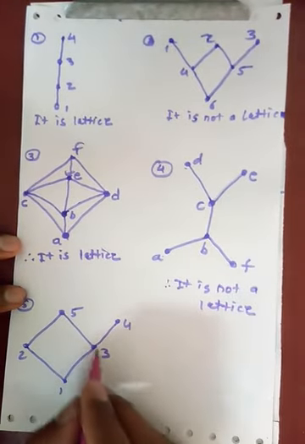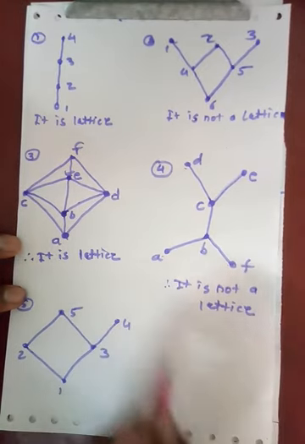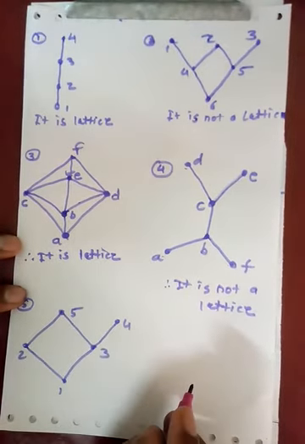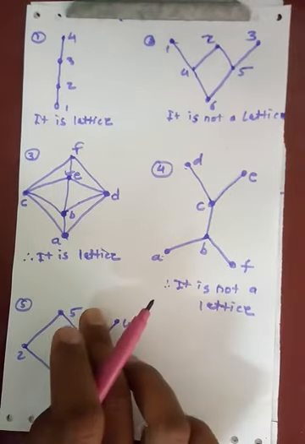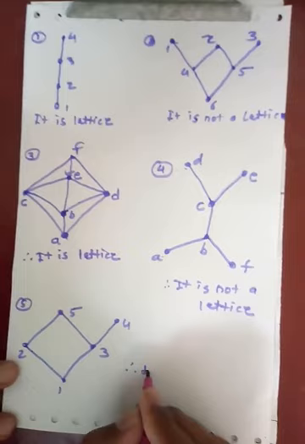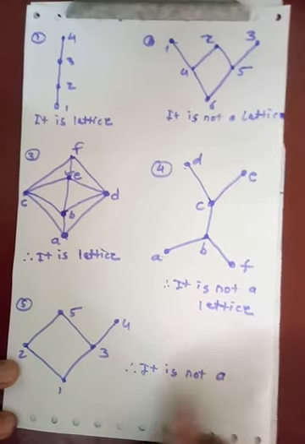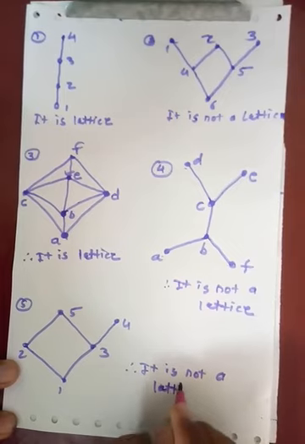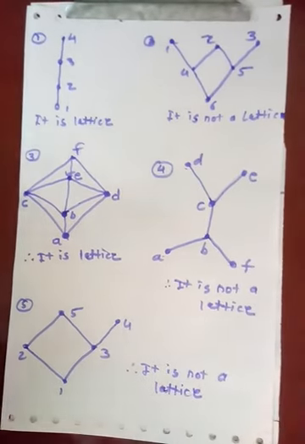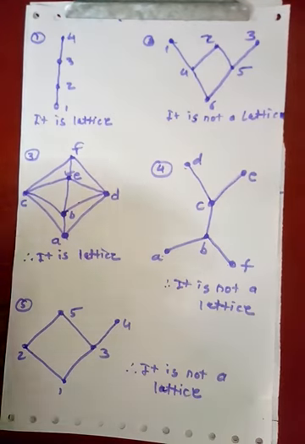Now again in that case, see 5, 4: they don't have an upper bound. If they don't have an upper bound then there is no least upper bound, therefore again it is not a lattice, right?